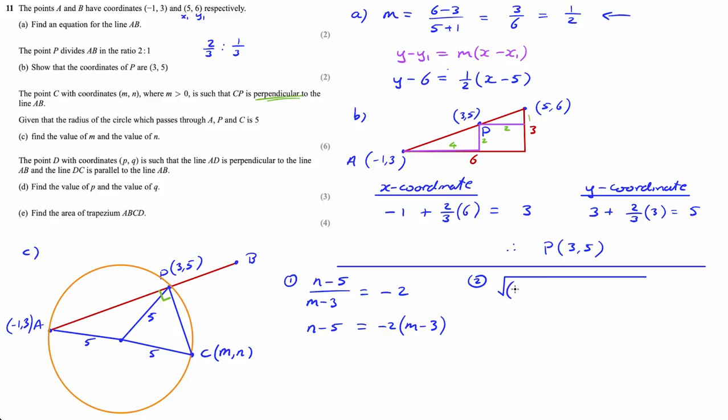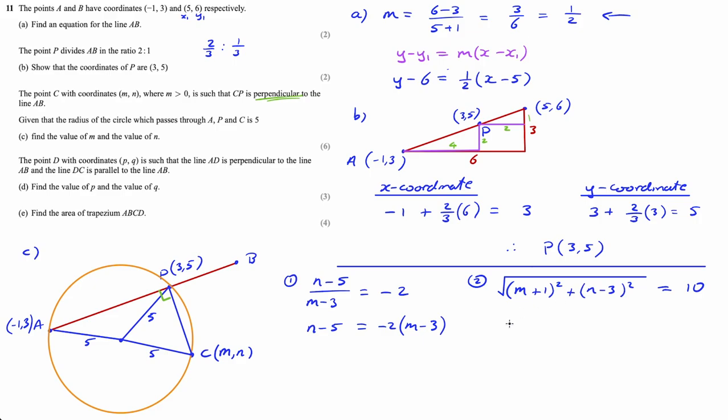So let's say this is m, this is m plus 1 squared, plus n minus 3 squared. So this minus this squared and this minus this squared equals the distance, which is equal to 10.